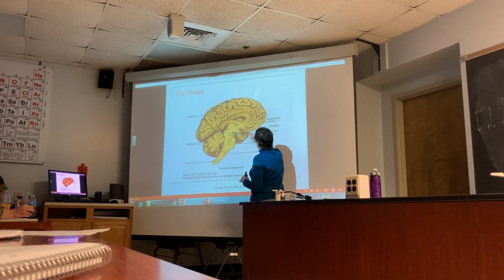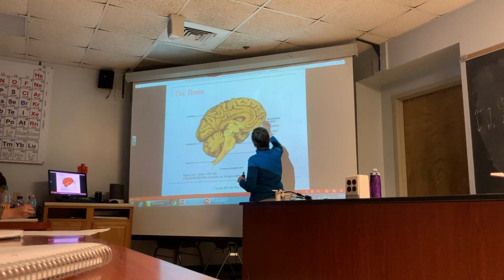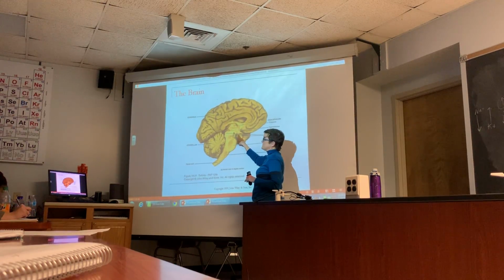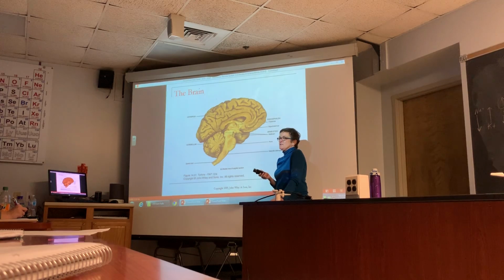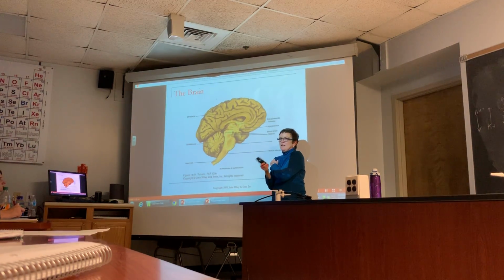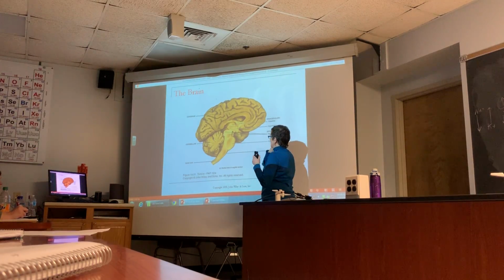But the hypothalamus right here, this region just below the thalamus, in what's called the diencephalon region, is a tiny area. It's also attached to the pituitary gland, which you don't see here, but the pituitary gland would be hanging off here. And it's a tiny area, but it controls autonomic functions. So it's a very important area you can't live without. If you damage the hypothalamus, then you can't control the involuntary functions of your body.